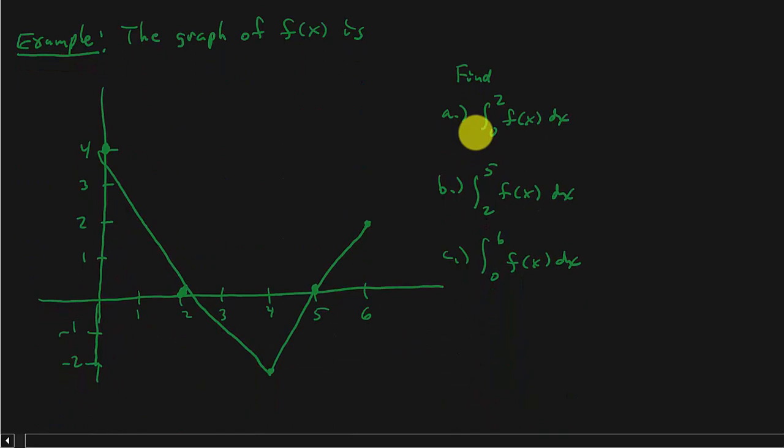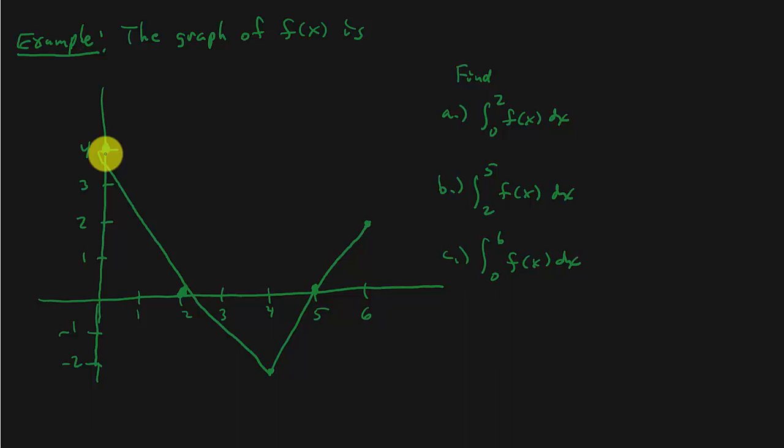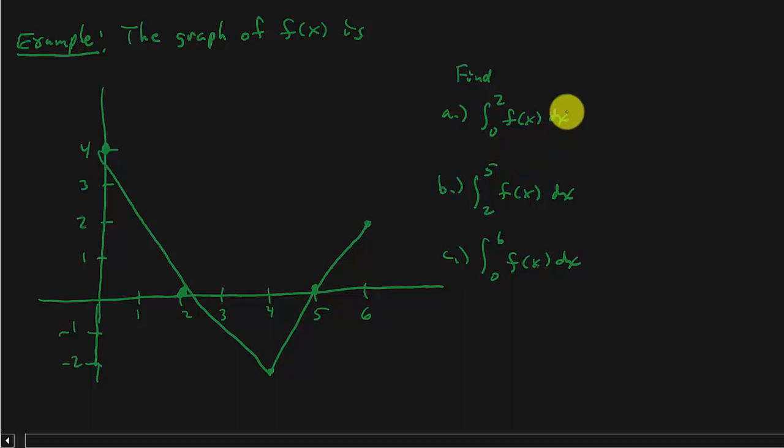So we have the graph of f of x. This is your graph of f of x. And yes, this line here should be a straight line going through 2 here and hitting up here at 4. I drew it, so it's not drawn that good. And we want to evaluate these integrals here. This entire function here is the graph of f of x.